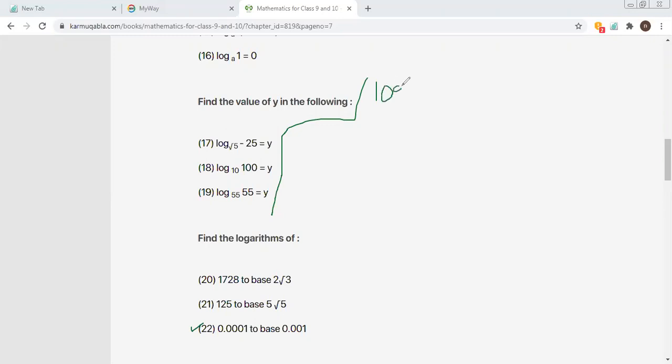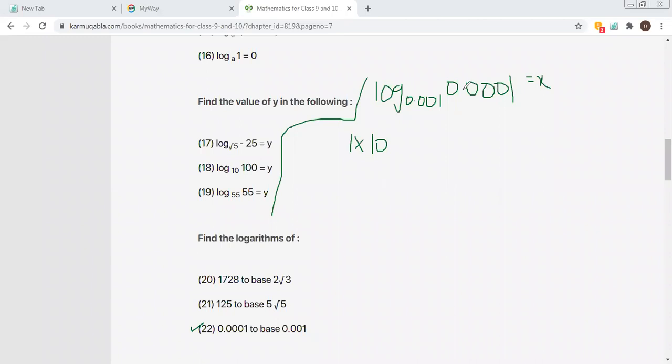Log 0.001 to the base, it's a, 0.001 is equal to x. Okay, I'm writing it into the exponent form. Exponent form would be 1 multiplied by 10 raised to the power 3 minus 3.